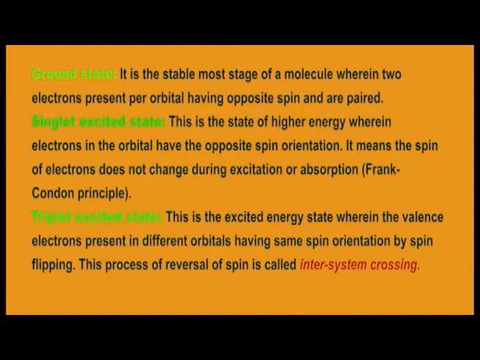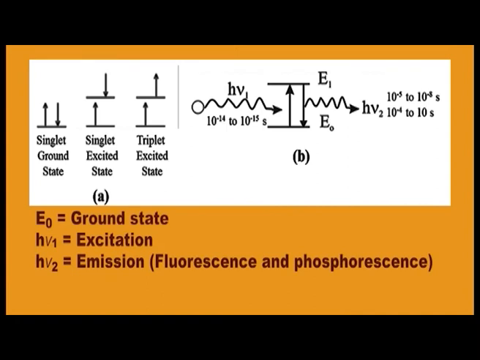Franck-Condon principle. The triplet excited state is the excited state wherein the valence electrons present in different orbitals have the same spin orientation by spin flipping. This process of reversal of spin is called inter-system crossing. So, in the figure you can see, if E0 is the energy of the ground state, it absorbs energy h nu 1 from the photon and gets excited.